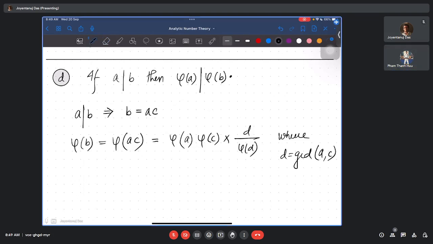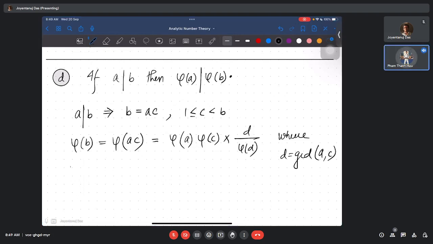Here we'll use induction on b to prove it. C should be less than A? No, no, C is less than B, right?